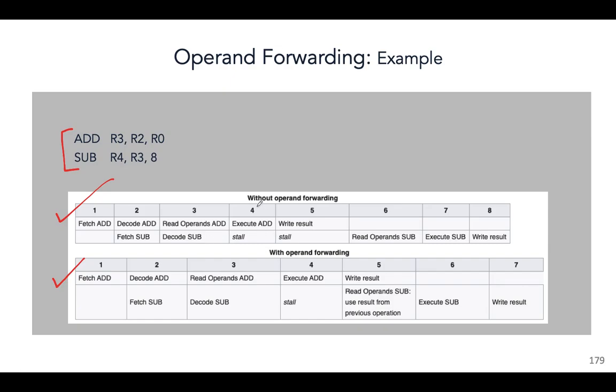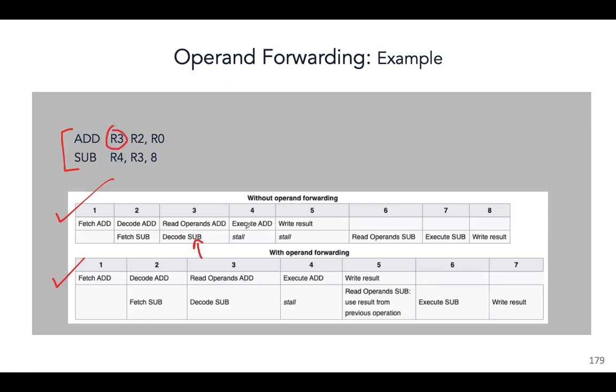Now, when clock pulse 4 occurs, instruction 1 will start executing, right? The add instruction will start executing normally, and during clock pulse 4, the subtract instruction should have started fetching its operands. It should have started fetching its operands, but one of the operands is not ready yet.